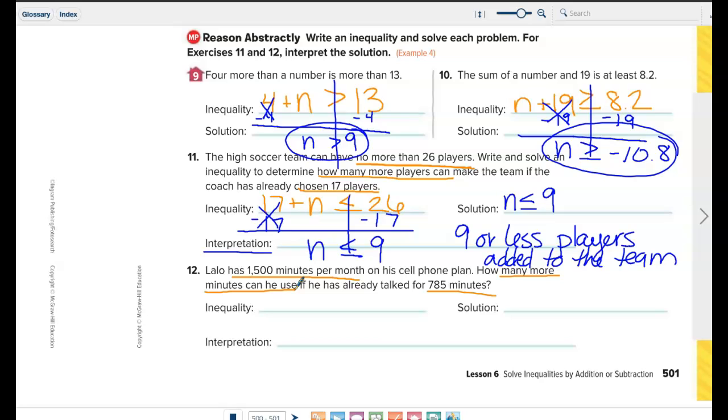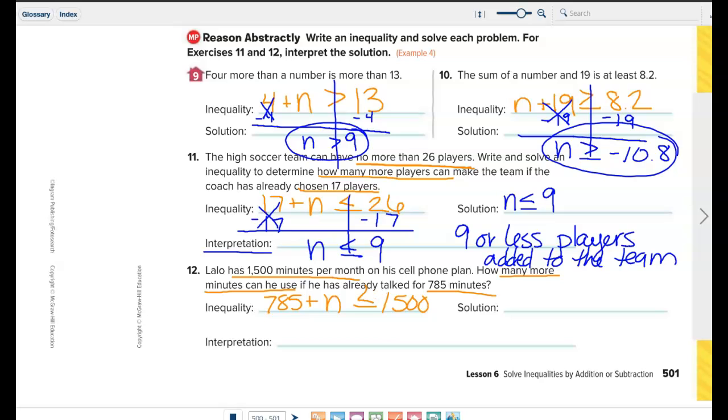So we start off with how many he's already used, 785, and he has some more that he could use, so plus however many he has left. We don't know what that is, so we're going to write n. And he could use all of his minutes, so it could equal 1,500, or it could be less than that. Because if he did anything more than that, he would have to pay additional for those minutes. So our sign is going to be less than or equal to, because he can't have anything bigger than 1,500.